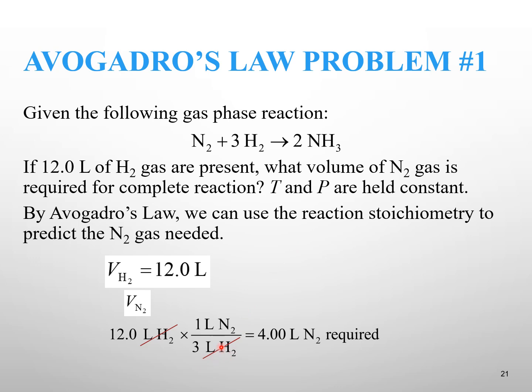So instead of using moles, you can interchangeably use liters in this case. So we have 3 liters of hydrogen gas to react with 1 liter of nitrogen gas. You get your answer because you cross off liters of H2. Your answer will be 4 liters of nitrogen gas is required.